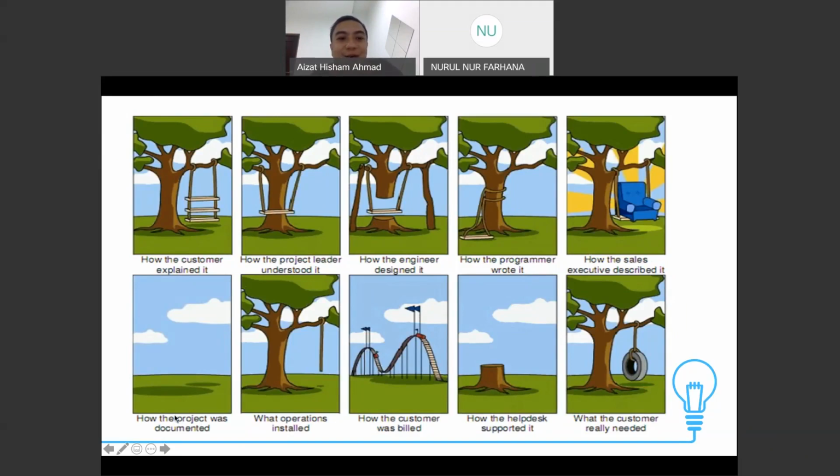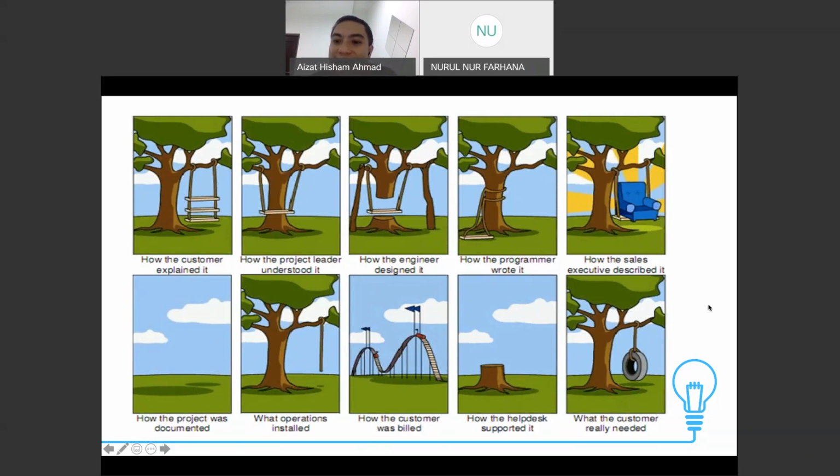And then, was the project documented? Well, this is also another lacking part of projects when it comes to development. What operations installed, how the customer was billed, that's a roller coaster. How the help desk supported it. So this is the process after completion.